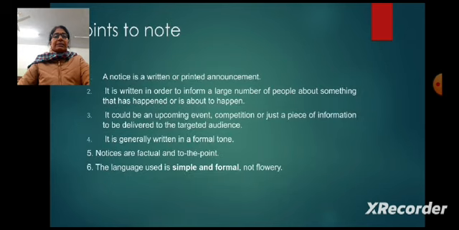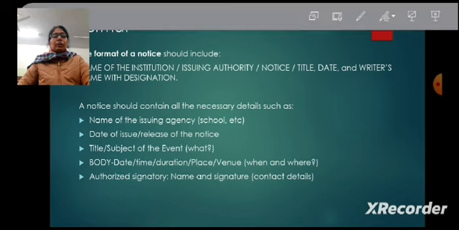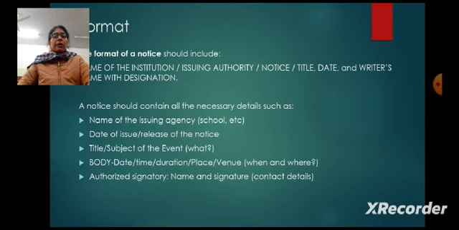Before writing anything, we must know about the format. So, what is the format of writing a notice? The format includes the name of the issuing agency. Suppose we are writing a notice to inform the children of a school. So, the institution or the organization will be a school.